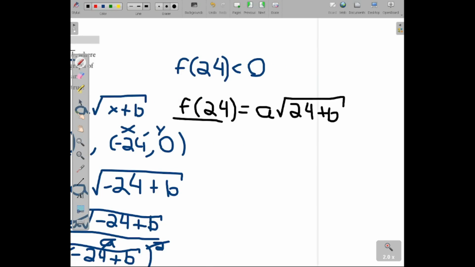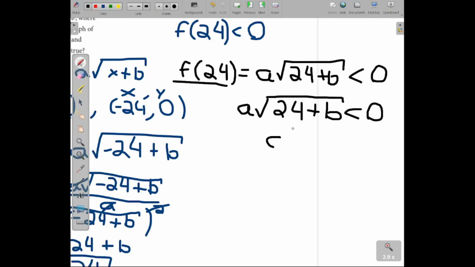And we know that f of 24 has to be less than 0. So a square root of 24 plus b needs to be less than 0. Therefore, we can say that a is less than 0.